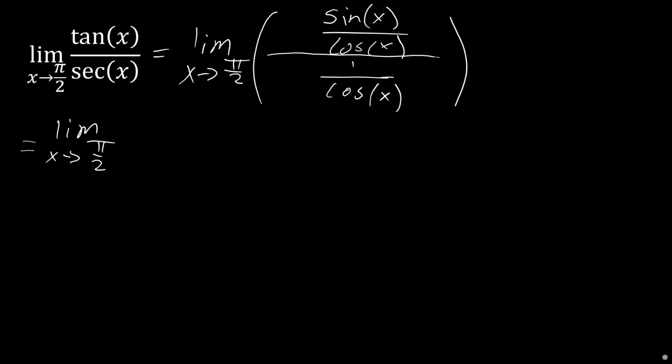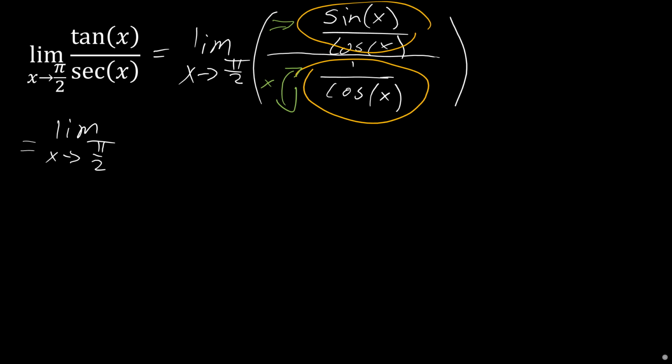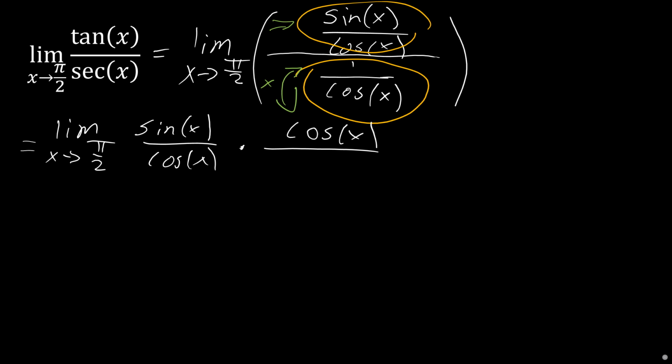And whenever you have two fractions on top of each other, like in this case, you can multiply the top fraction by the reciprocal of the bottom fraction. So let's do that. We'd have the sine of x over the cosine of x times cosine of x over 1.